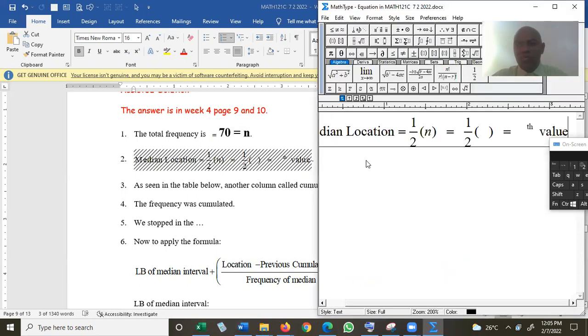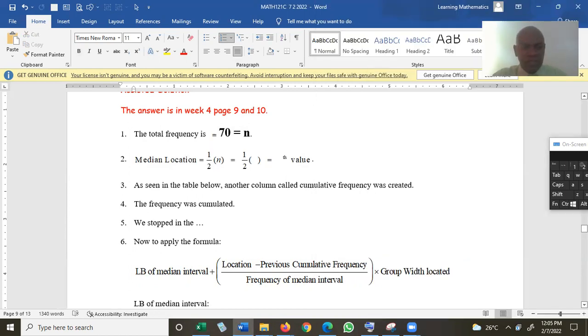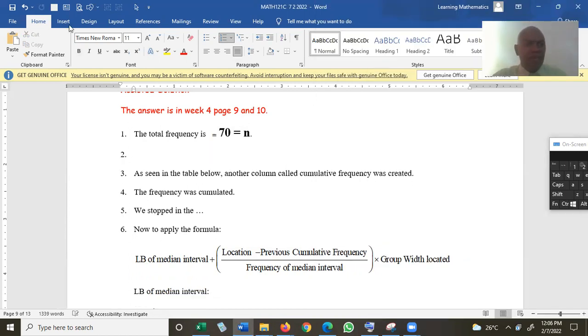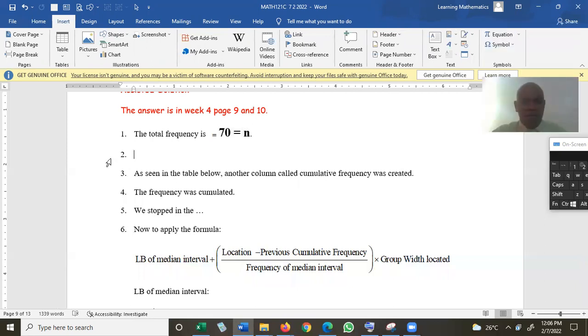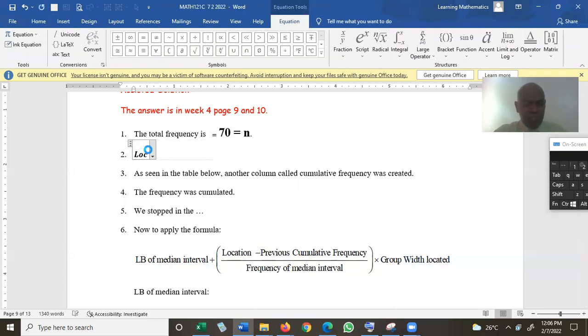Or, if you are using the assignment, you can delete this, because this is using MathType. You can go to insert and go to equations, and you can type location of the median, which is Q2. The symbol for median is Q2.